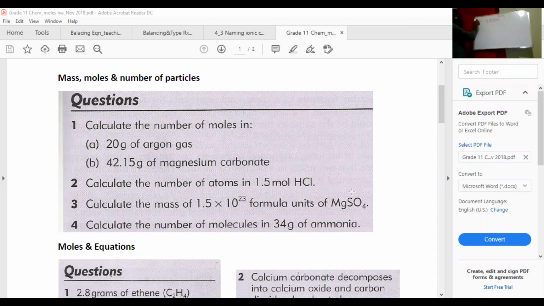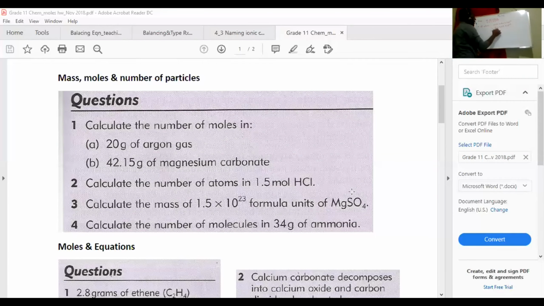So we are given mole and we need to find number of atoms. So we make number of atoms the subject, which is equal to mole times 6.02 times 10 to the 23. So the mole is 1.5 multiplied by 6.02 times 10 to the 23.